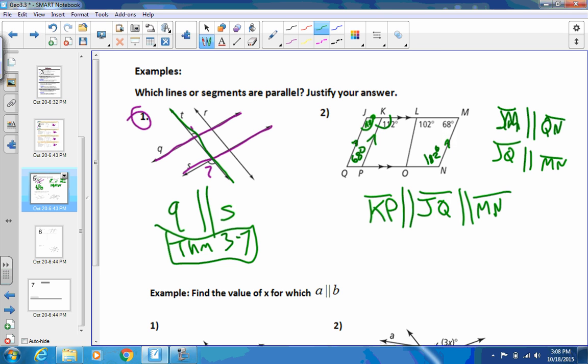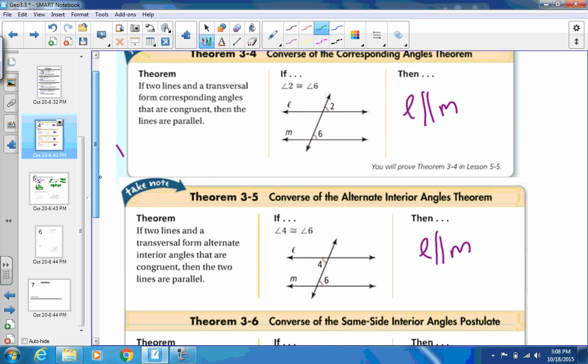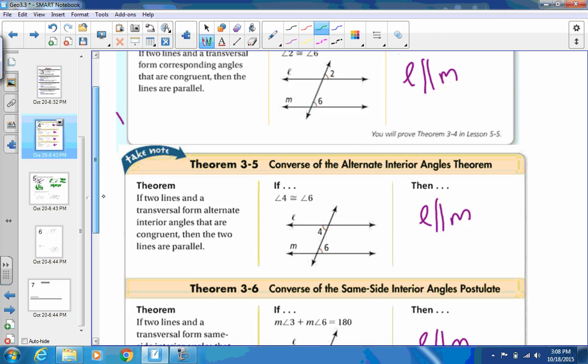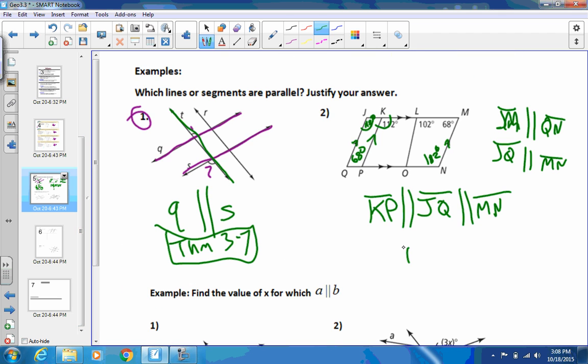And I used both the converse of the same side interior angles theorem and the converse of the corresponding angles theorem, so that'd be theorems 3.4 and 3.6.